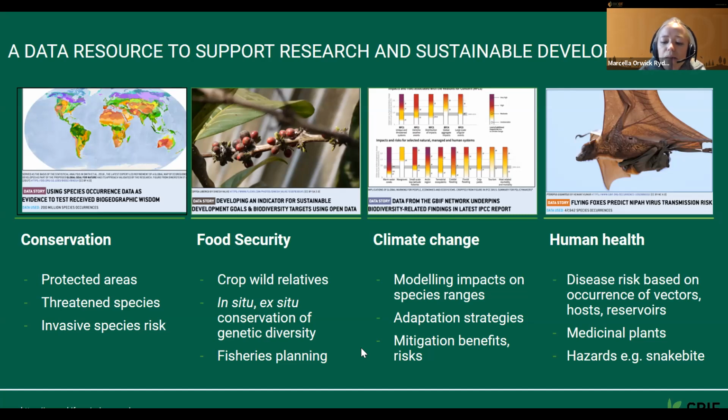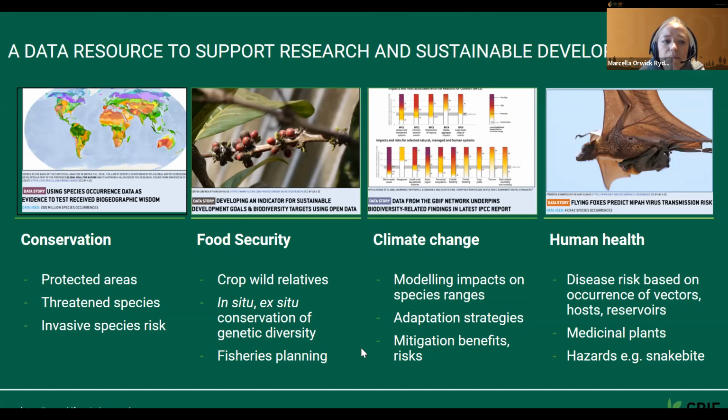Within climate change: modeling impacts on species ranges, adaptation strategies, mitigation benefits and risks; and as well as in human health: disease risk based upon occurrence of vectors, hosts, reservoirs, medicinal plants, hazards, and for instance, snake bites.